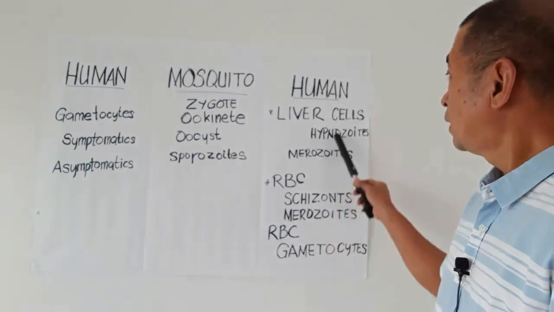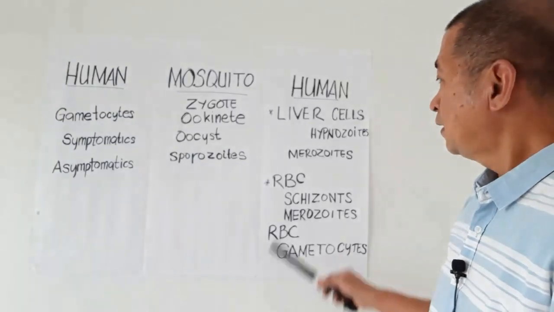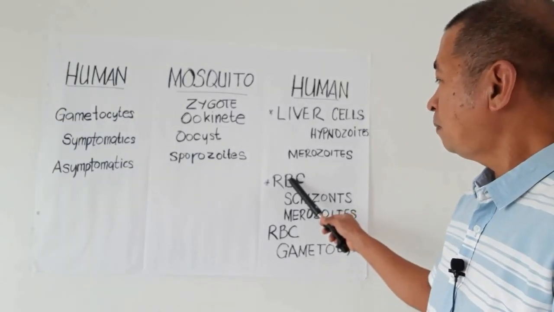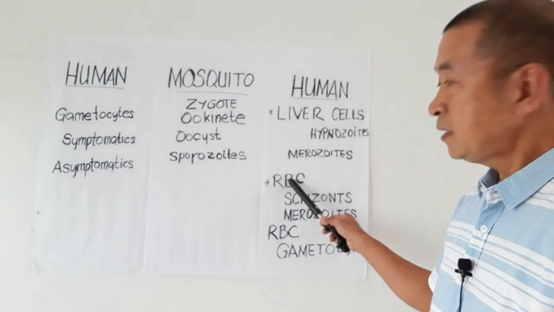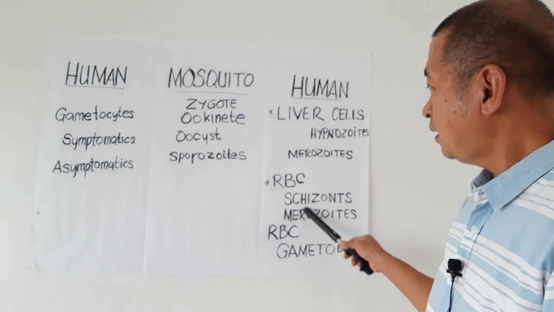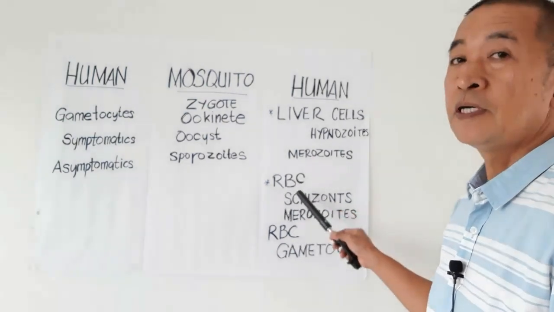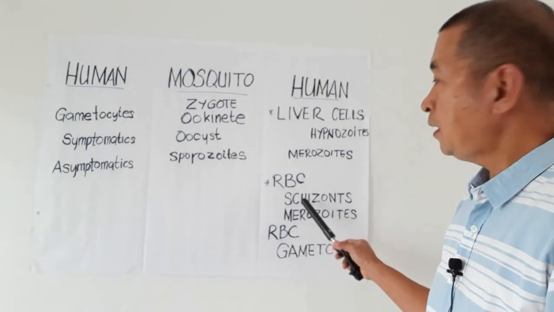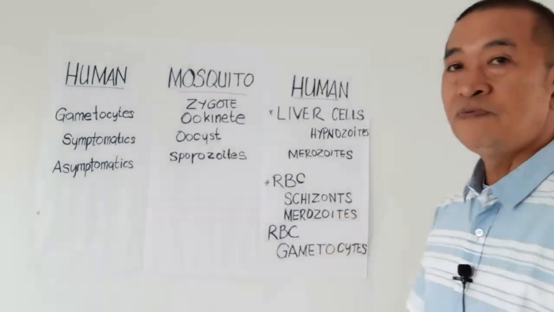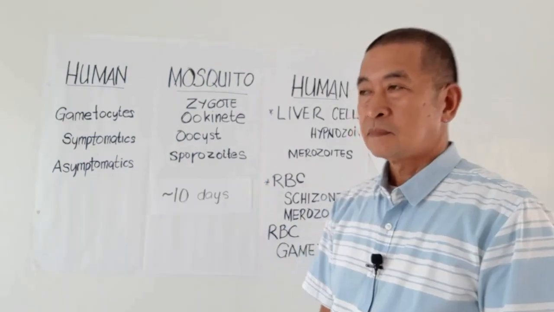While in Plasmodium vivax, once they enter RBC and develop inside, the gametocytes are already formed, so they are formed earlier in the Plasmodium vivax infection.